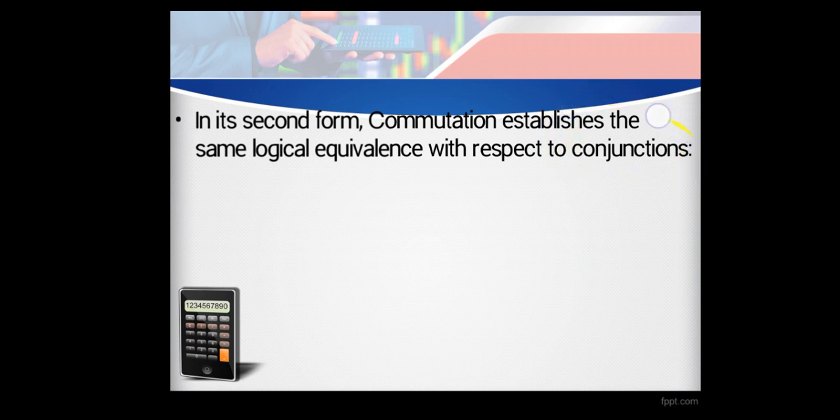When we say conjunctions, it is the "and", and the sign of this conjunction is this one, ∧. Here we have the quantity of P and Q is equivalent to the quantity of Q and P. Binaliktad rin po ito. And the sign is conjunction.